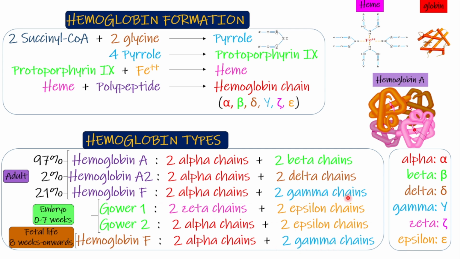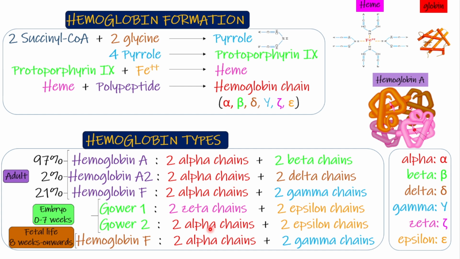It's very easy to memorize because in adult life, all of them have 2 alpha chains. The difference is that A has beta chains, A2 has delta chains, and fetal has gamma chains. Then Gower 1 and Gower 2 both have 2 epsilon chains, and the difference is between the zeta and the alpha chains.